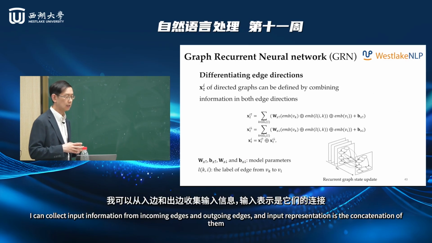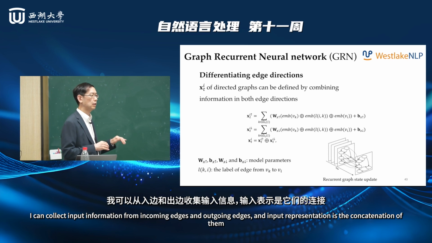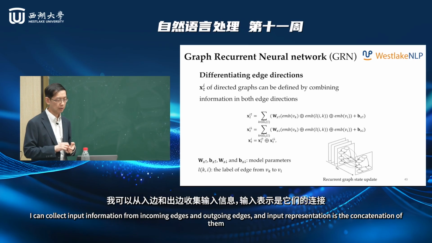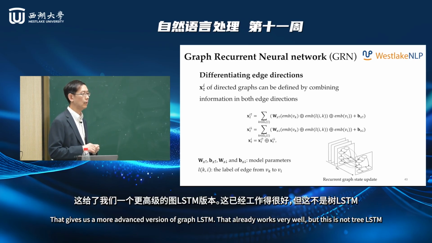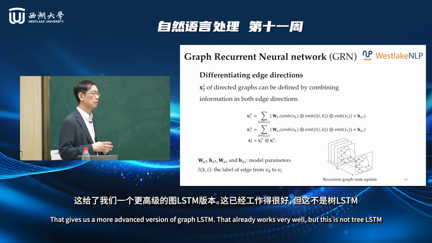Similarly, I can collect input information from incoming edges and outgoing edges, and the input representation is the concatenation of them. That gives us a more advanced version of graph LSTM. That already works very well.